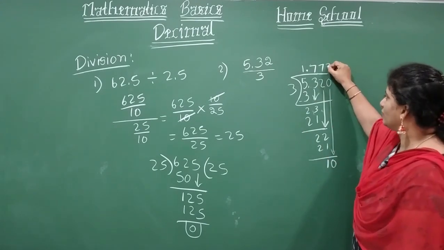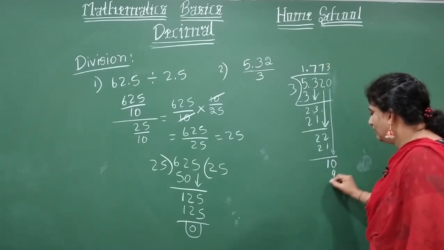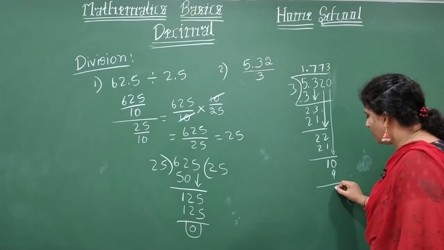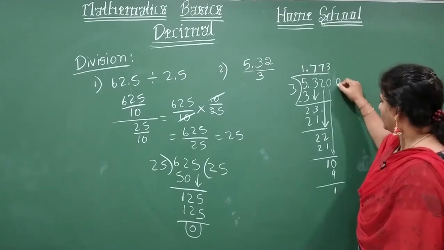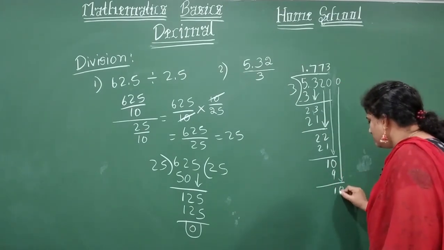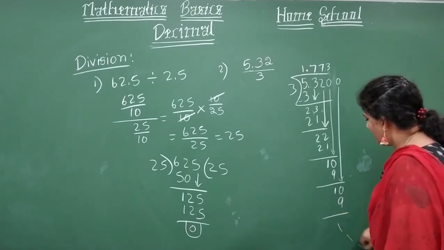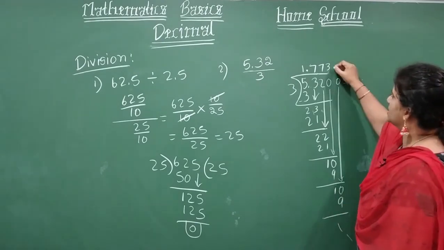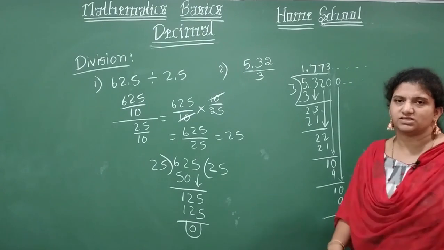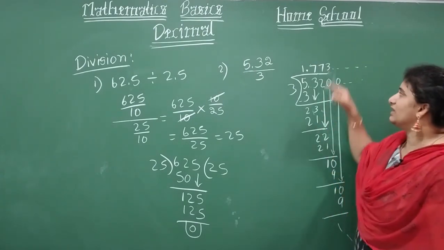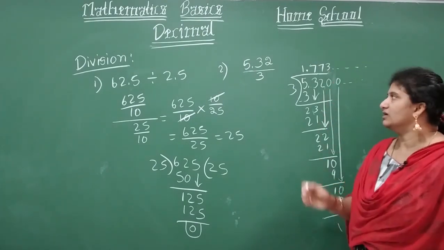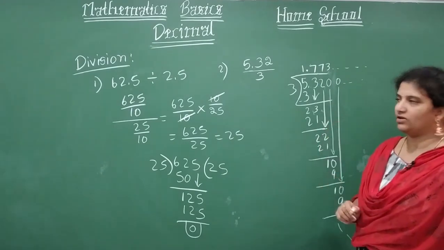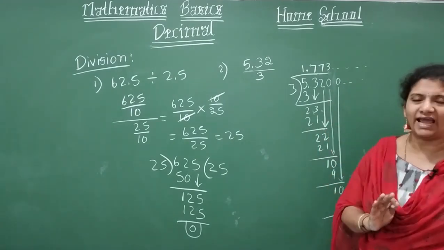Now 3 3s are 9. Again, if you subtract, what happens? 1. Again, put one more 0, drag that down. So here it is a never-ending process. Never-ending process means this 3 is repeating, children. So observe here carefully. Your division won't end.